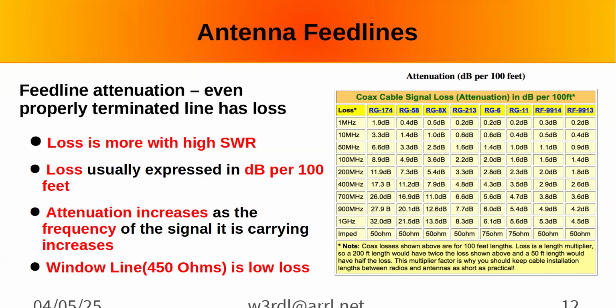And it shows how the loss goes up in all of them with frequency. The bigger diameter cables with foam dielectric have less loss per 100 feet than the smaller diameter, like RG174, which is like 1/8 inch cable. So it's 2 dB loss at a megahertz for 100 feet.